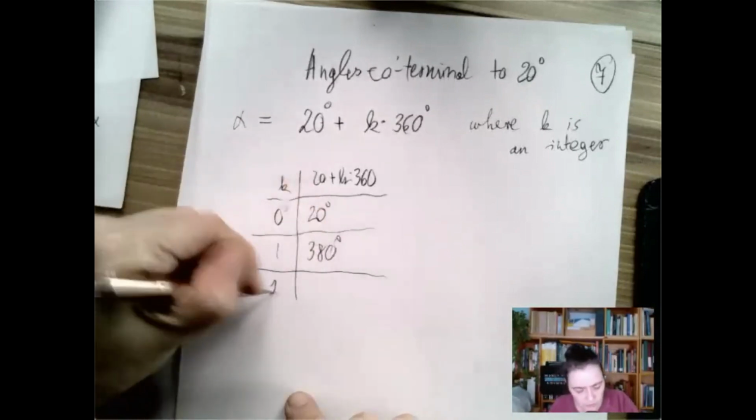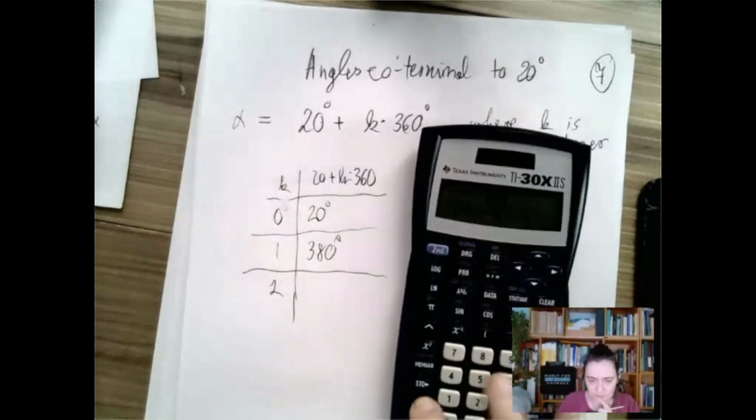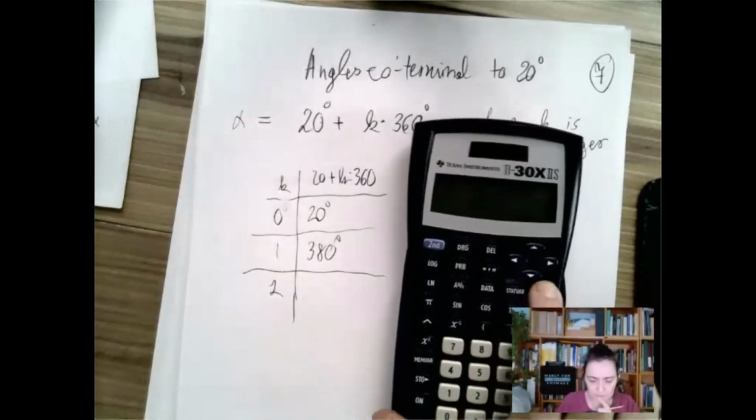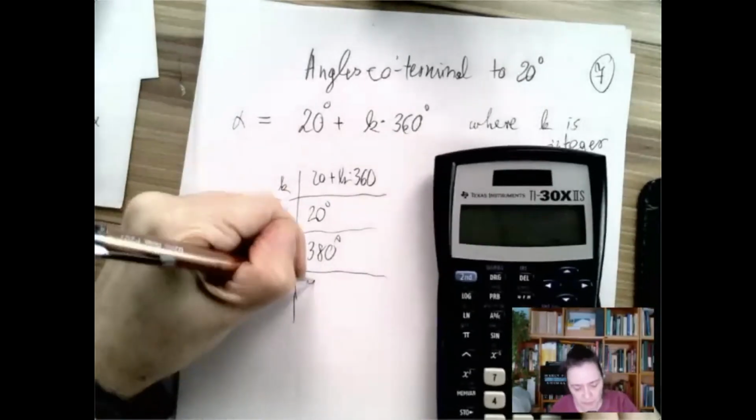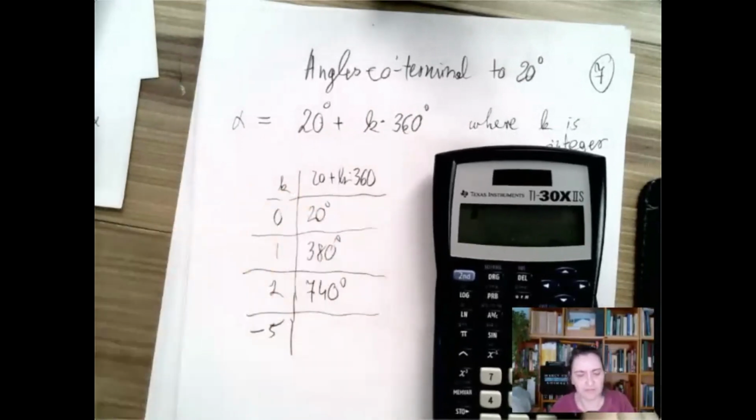K equals 2. 740. 720, 740, yes. What about k equals negative 5? Negative 1780. Yes.